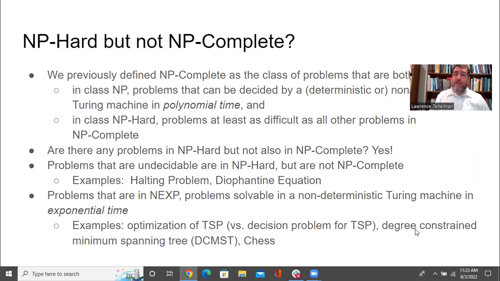But yet, if I constrain the degree, all of a sudden we get a problem which is exponential time, even in a non-deterministic model where guessing is allowed. Another example there is chess. There are so many different possibilities that it's considered exponential time.